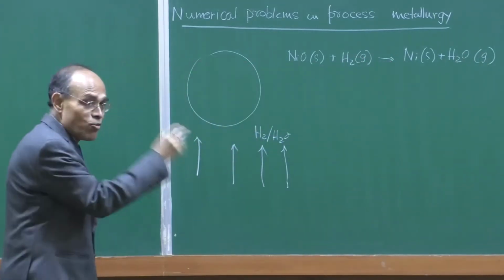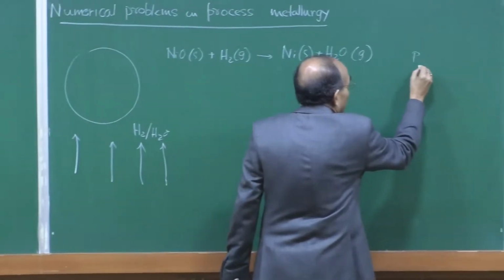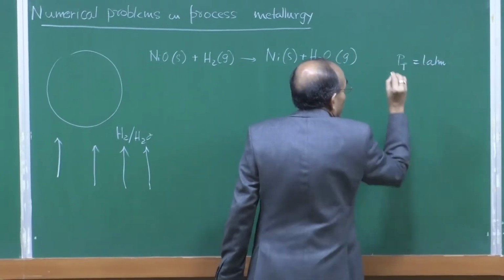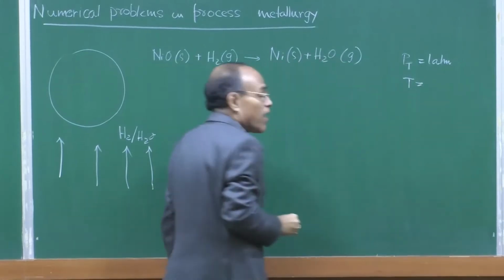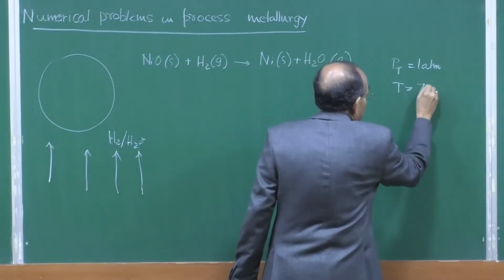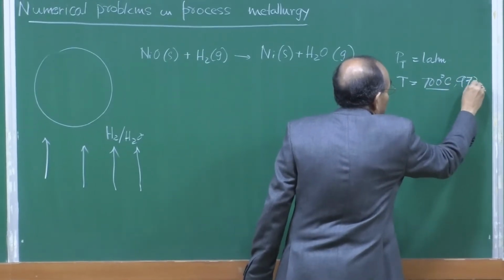The process is carried out at 1 atmosphere pressure, total pressure is 1 atmosphere, and the temperature at which the reduction reaction is occurring is 700 degrees centigrade or 973 Kelvin.